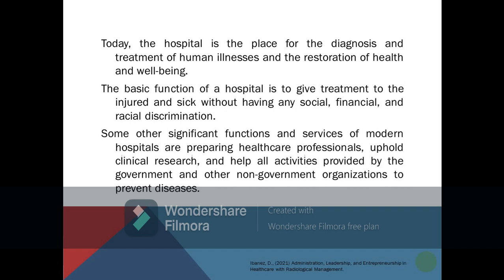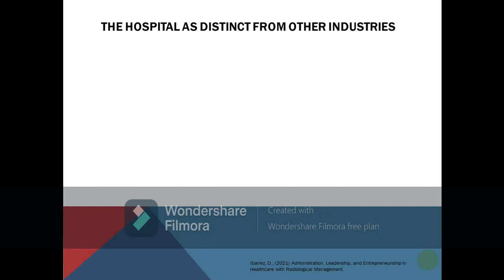Some other significant functions and services of modern hospitals are preparing healthcare professionals, upholding clinical research, and helping all activities provided by the government and other non-government organizations to prevent diseases.